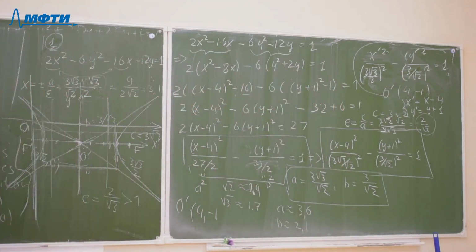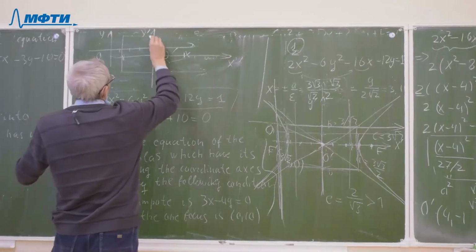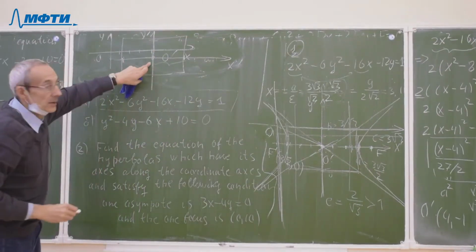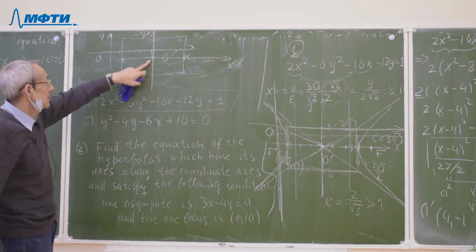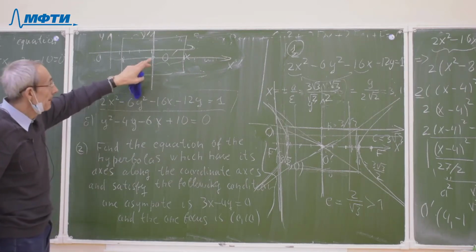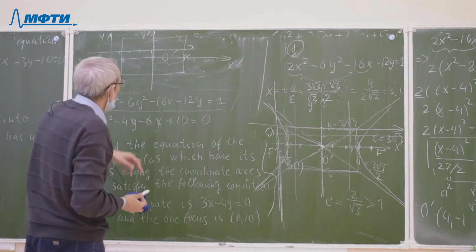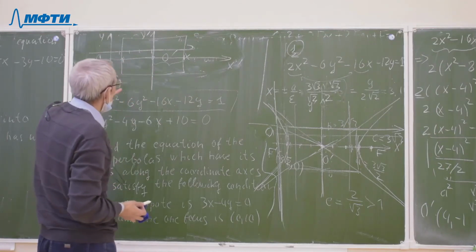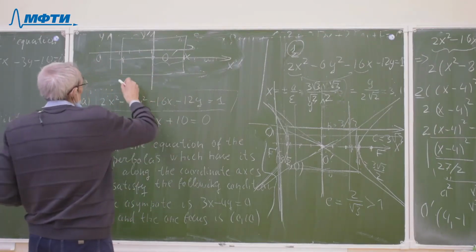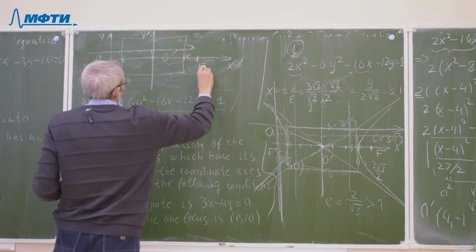And I draw this rectangle in the new coordinate system with center at the origin O prime. And in this new coordinate system, I can draw this basis triangle.